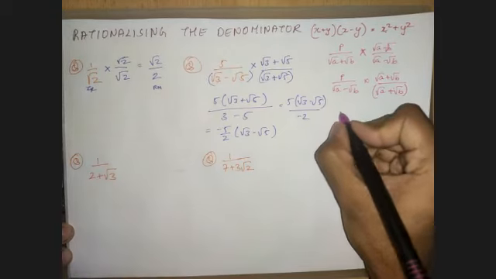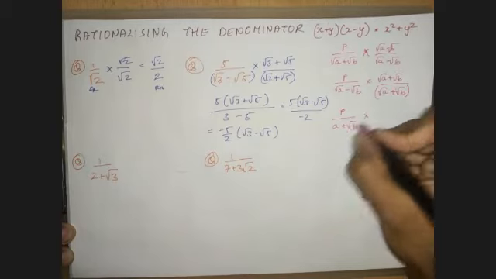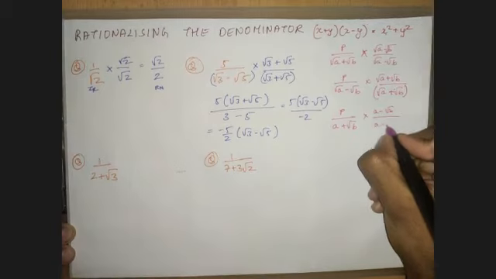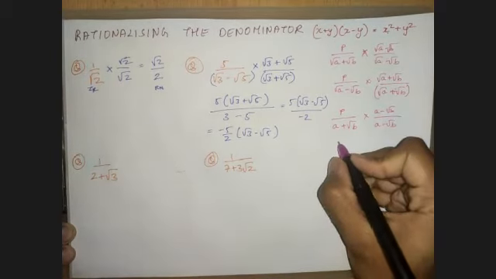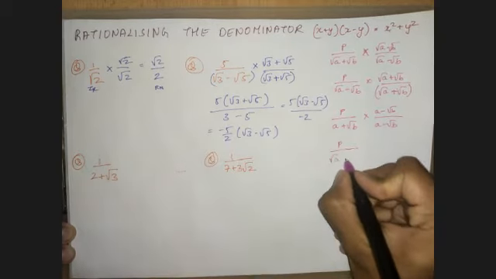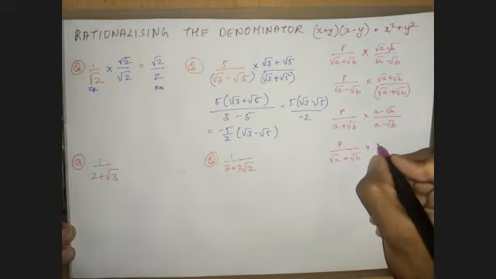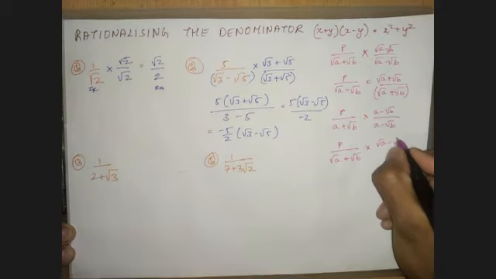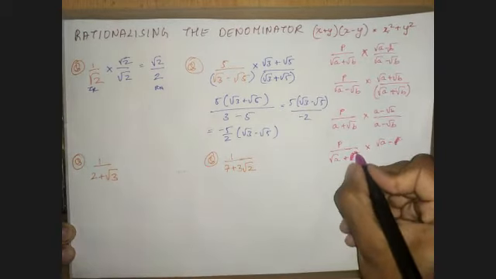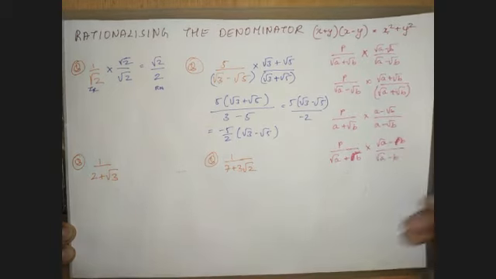So if we have any number like a plus root b, then it's the same thing. We have to just change the sign, a minus root b. Or if we have root a plus b, we have to just change the sign: root a minus b by root a minus b.